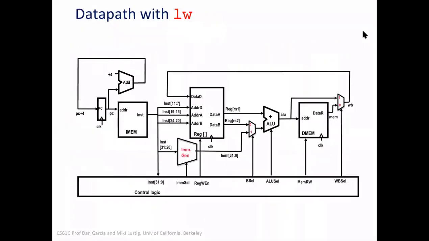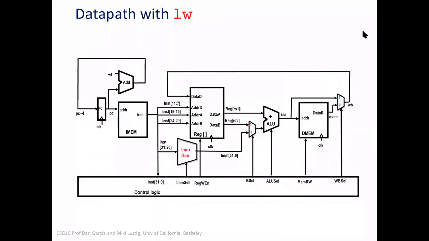Okay. So this was a data path for LW, and now we have to enhance it to make it usable for SW. What will be changed? Any thought? In case of LW, we are reading from memory and writing into the register file.